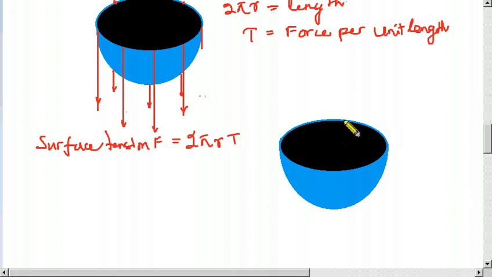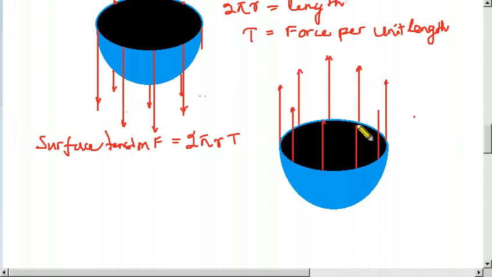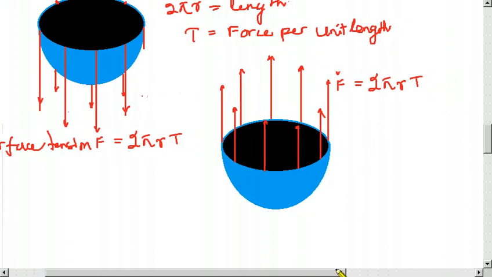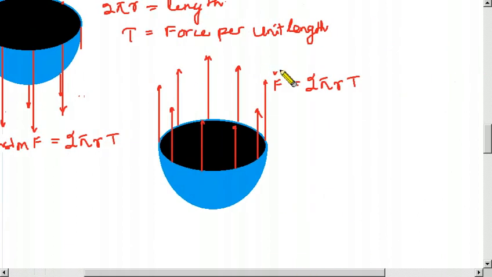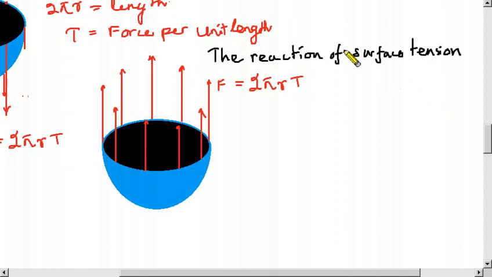The reaction of the surface tension is upwards. That is given by the brim of the hole. So it is like this, upwards. So the magnitude is same. So what is this? The reaction of surface tension.